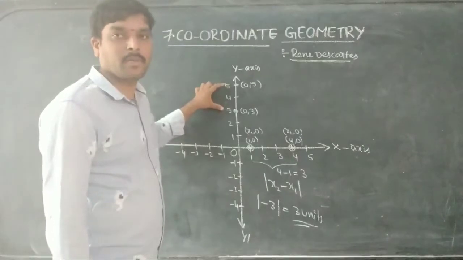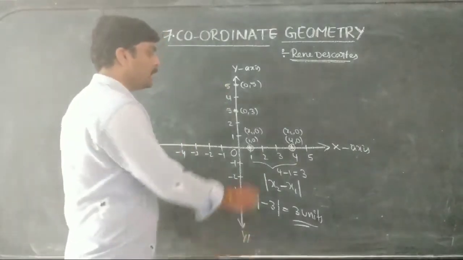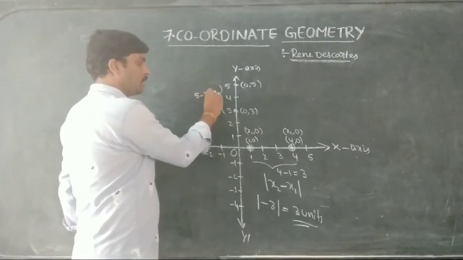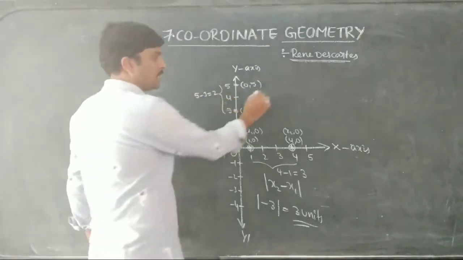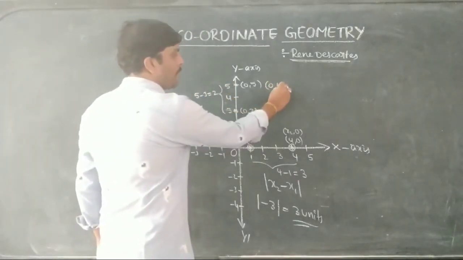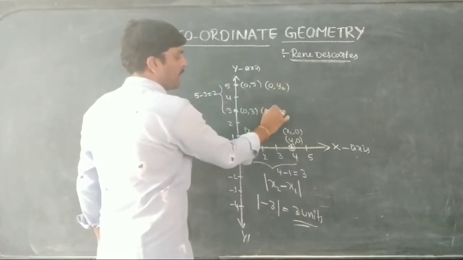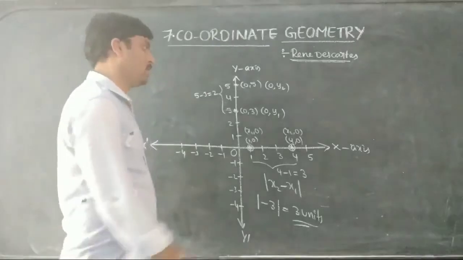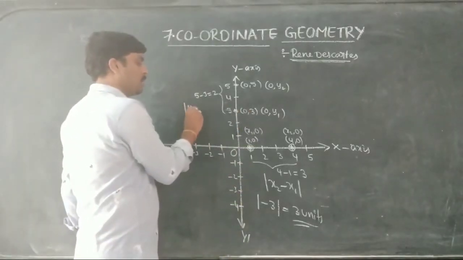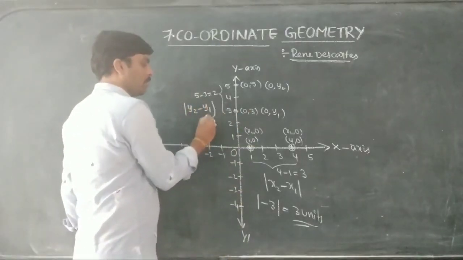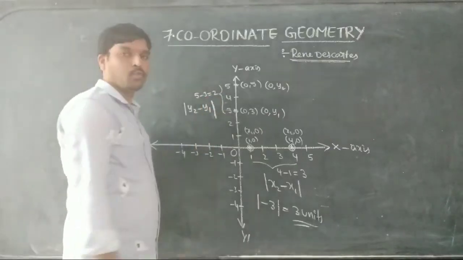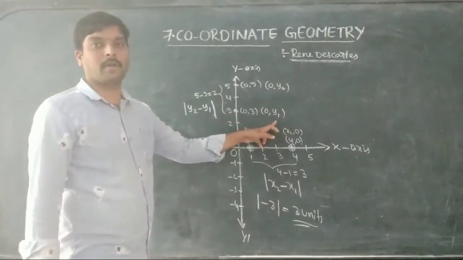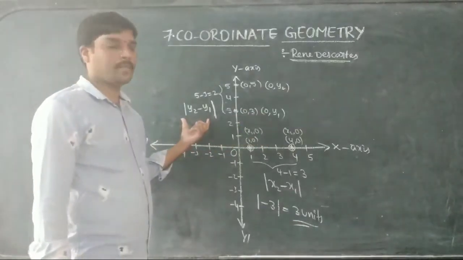The distance between these 2 points is 5 minus 3, which is equal to 2. Let us take these as 0 comma y2 and 0 comma y1. So the distance between 2 points on the y-axis is modulus y2 minus y1. You will get a positive value.